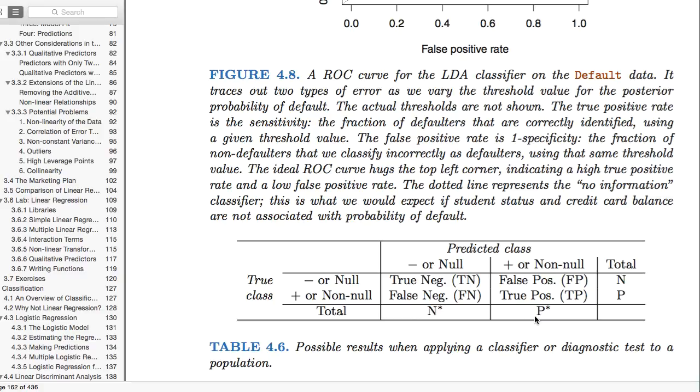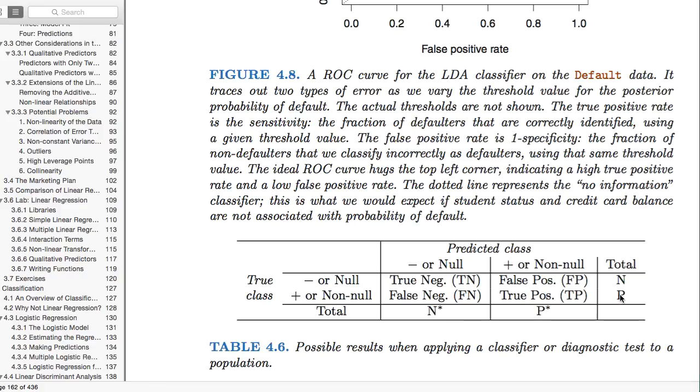This would be the total... Oh, the total predicted to be non-null. I see. So these aren't n and p at all. Forget what I just said. God, I'm so out of it today.